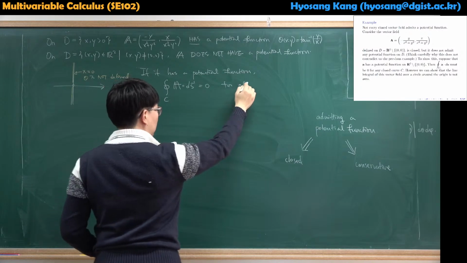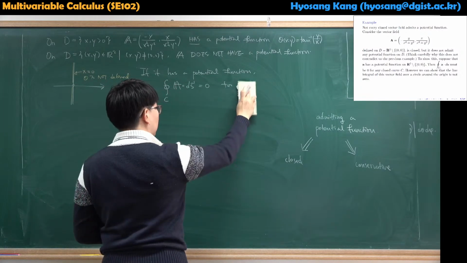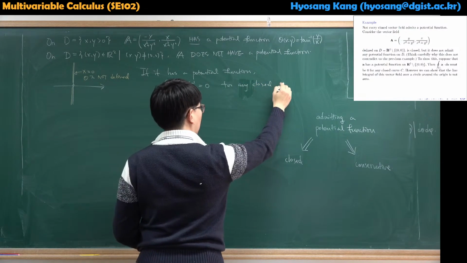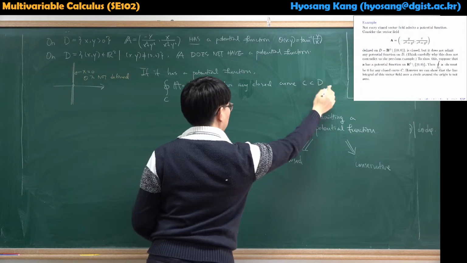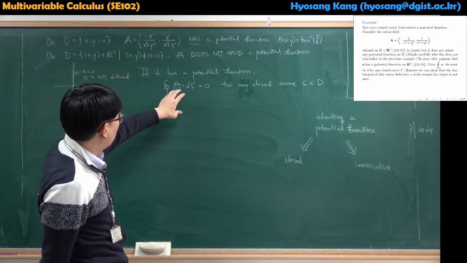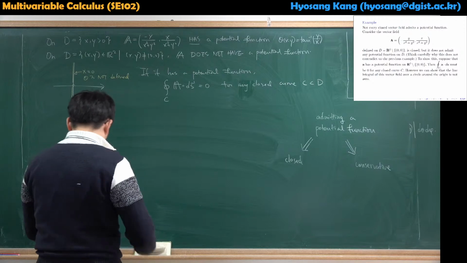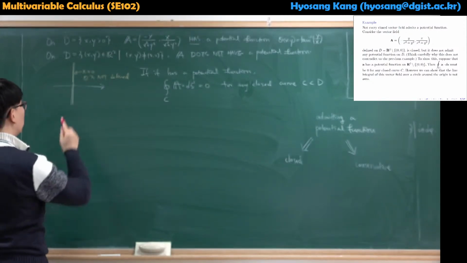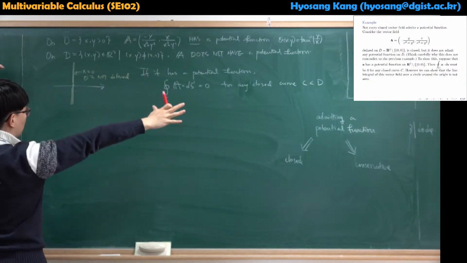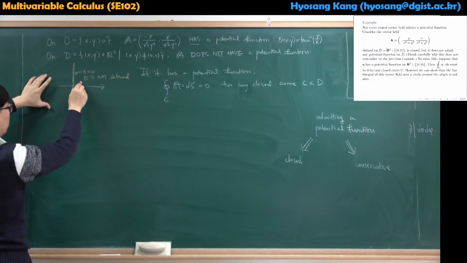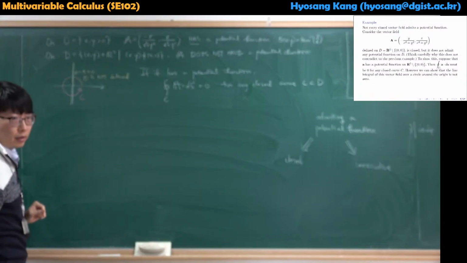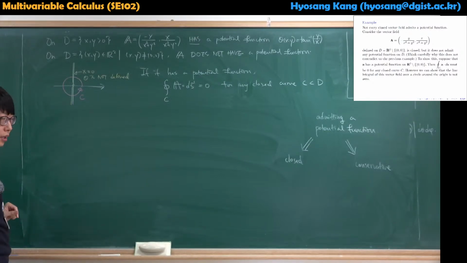For any closed curve C inside of this domain, the line integral must be 0. In other words, I can choose my closed curve inside of domain D, which now is the entire plane except the origin. Let's choose a unit circle here, starting from theta equals 0 and ending at the same point.